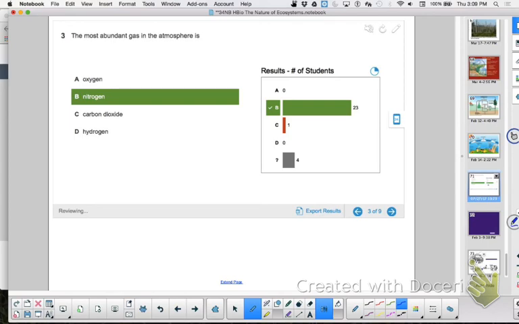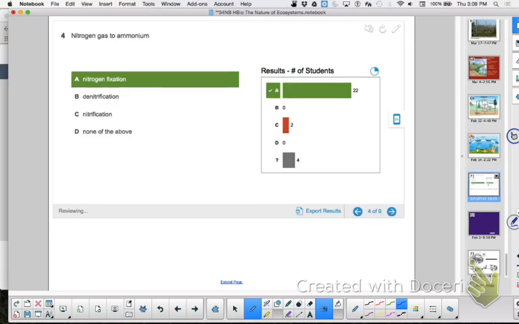All right, let's talk about this one. The most abundant gas in the atmosphere is nitrogen. Somebody put carbon dioxide. No. How much of the air we breathe is nitrogen? 70%. 78%. Nitrogen gas to ammonium is nitrogen fixation. Two of you said this. You silly Billy. Nitrogen gas to nitrate.